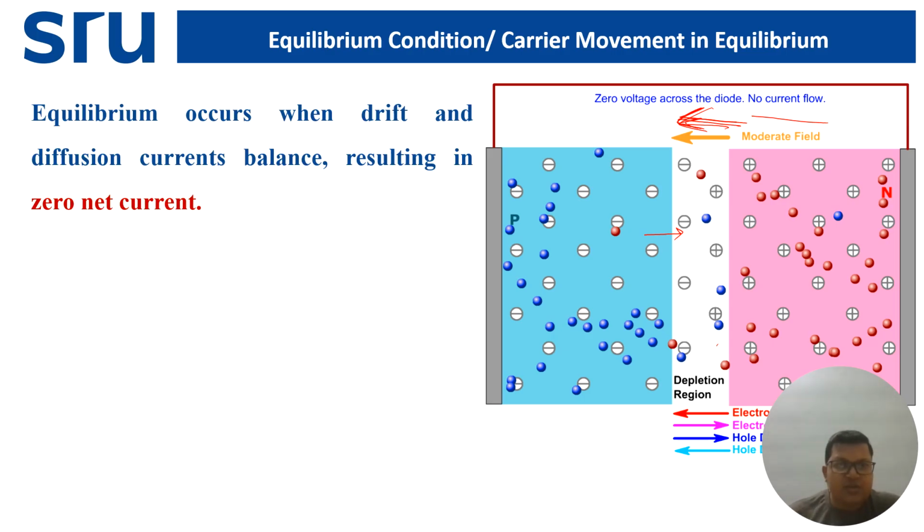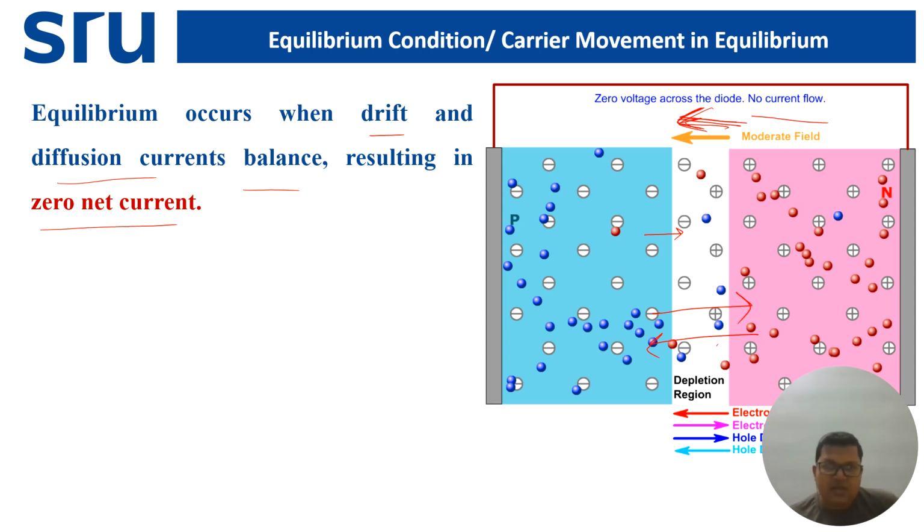Equilibrium occurs when the drift and diffusion currents balance, resulting in zero net current. Because of this electric field, there will be two phenomena as we described. The diffusion current: diffusion of holes from here to here will give some current, and diffusion of electrons from here to here will give some current.